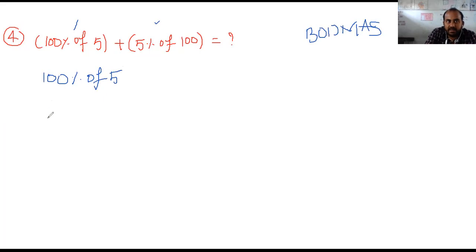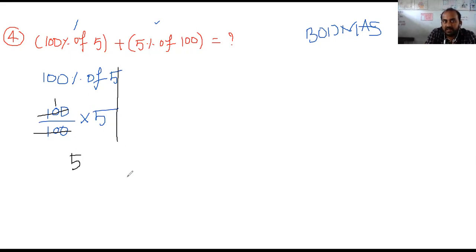To remove the percentage, divide by 100, into 5. Now in the cancellation, numerator is 100, denominator is 100, cancel. So remaining number is 1. So 1 into 5, 5. So this part answer is 5.